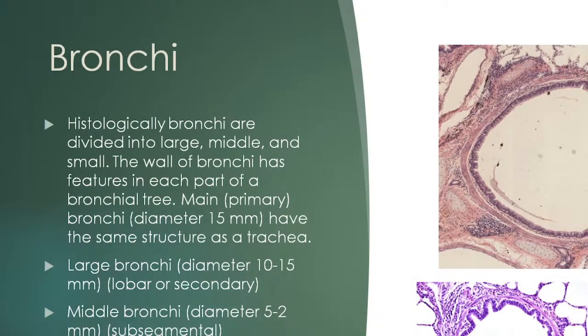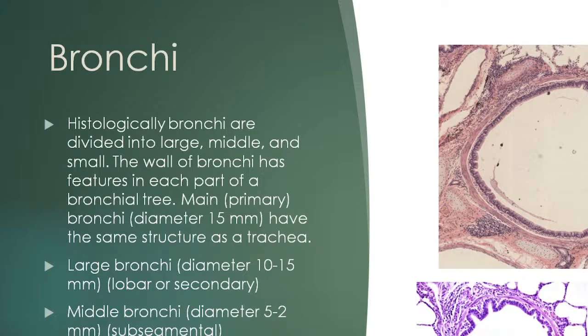So you can see on this picture the large bronchus. You can see pseudostratified ciliated columnar epithelium in the inner part.